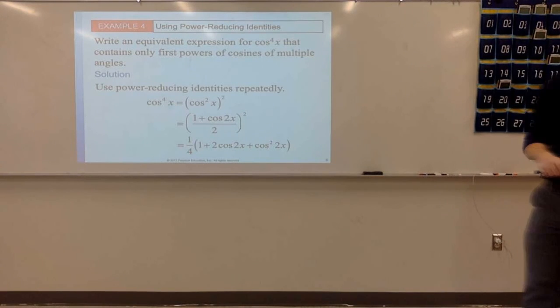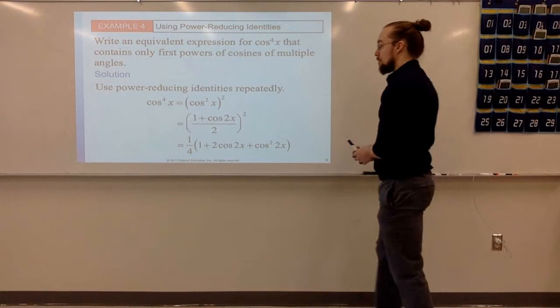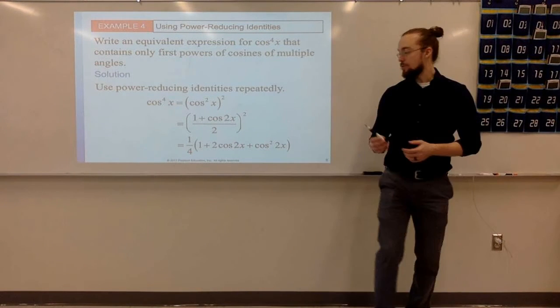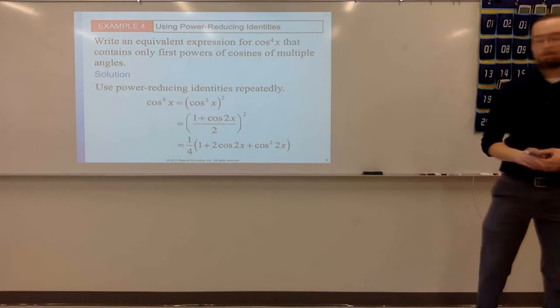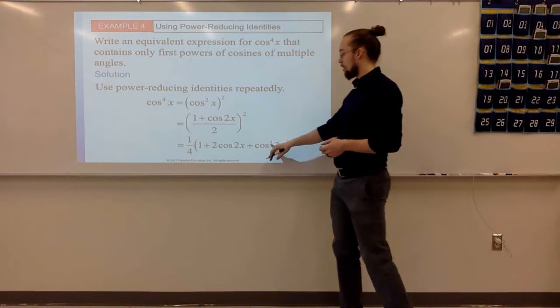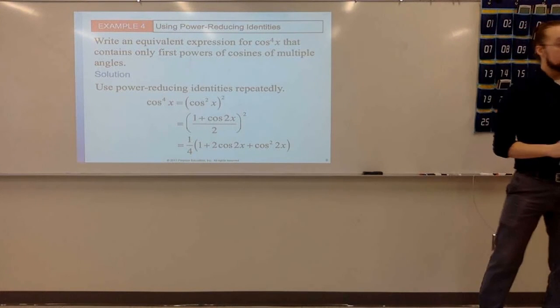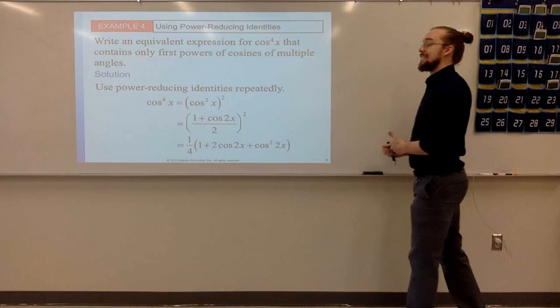Now we still need to reduce cosine squared of 2x. We have a 2nd power, and we want our final answer to only contain first powers, so we can use our power reducing formula again.